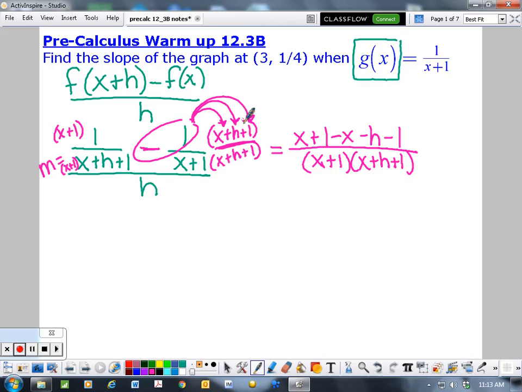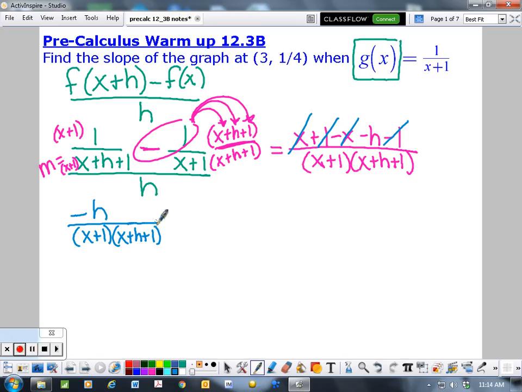Now we get this lovely thing, and I'm truly being sarcastic with the lovely, but as we've seen before, the whole purpose of this process is that things are going to cancel out. So what's going to cancel? These x's are going to cancel, these 1's are going to cancel, and we're left with that negative h over x plus 1, x plus h plus 1.